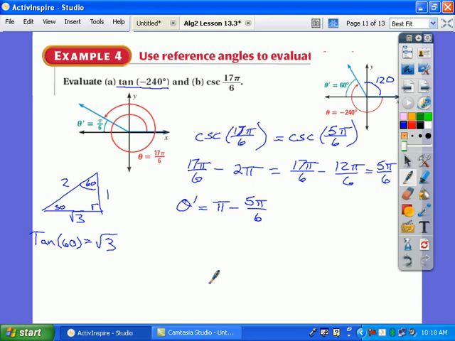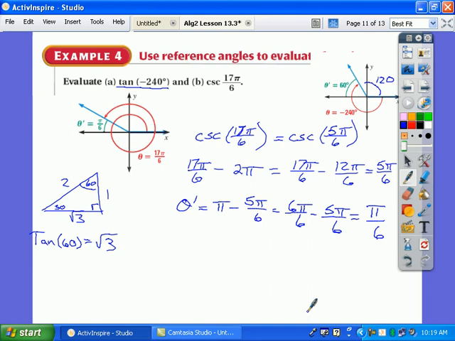Here's what that does for us. I don't know anything about 5 pi over 6 because that's not in quadrant 1, but I may know something about pi over 6 because that's in quadrant 1. That's an angle measurement I should have more familiarity with. At this point, for everyone's sake, I want to convert pi over 6 back to degrees.